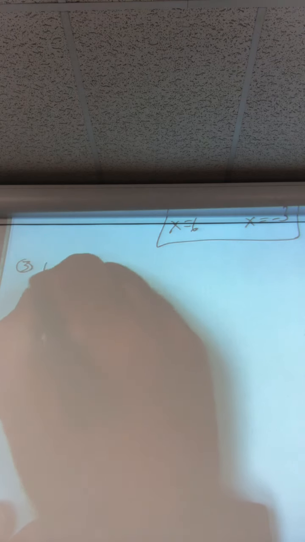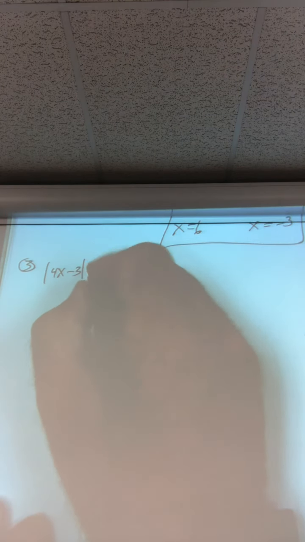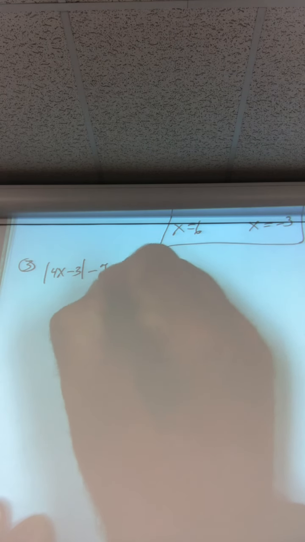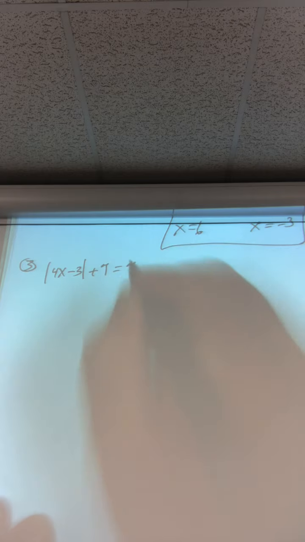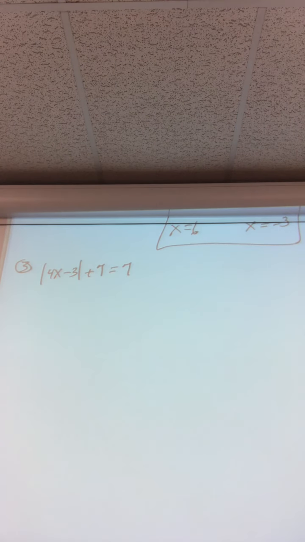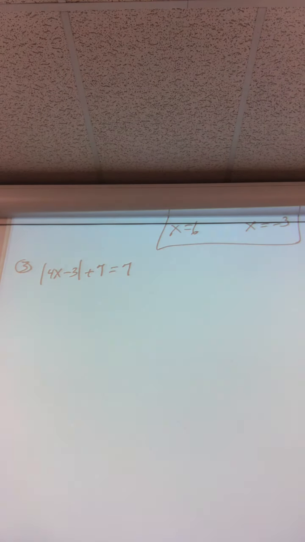Okay? Let's look at example 3. Absolute value of 4x minus 3 plus 7 equals 7. Okay, here we go. Step 1: isolate the absolute value term on a side by itself.